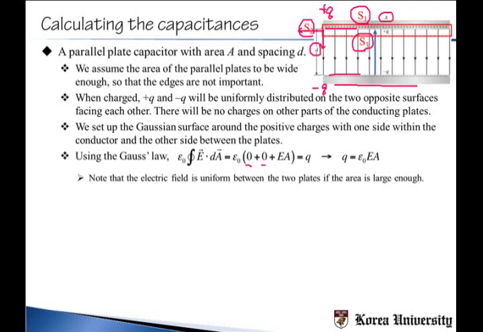Okay, and how about S3? In S3, now we have to calculate the electric field. But if we assume that these plates are large enough, then the electric field will be effectively the same whether or not you move sideways. And if you try this Gaussian surface with a different height, the calculation of the Gauss law effectively becomes all the same.